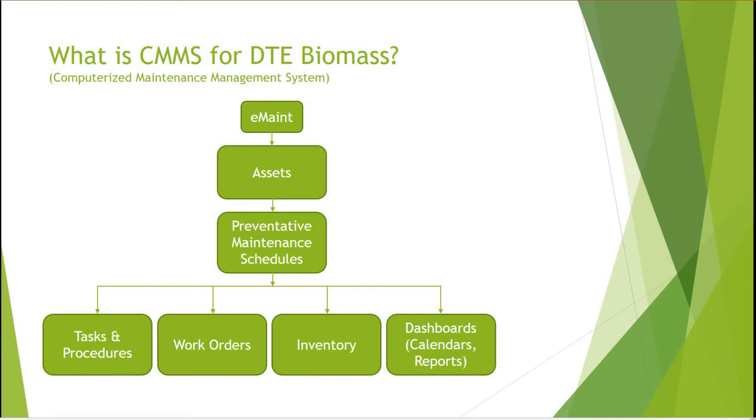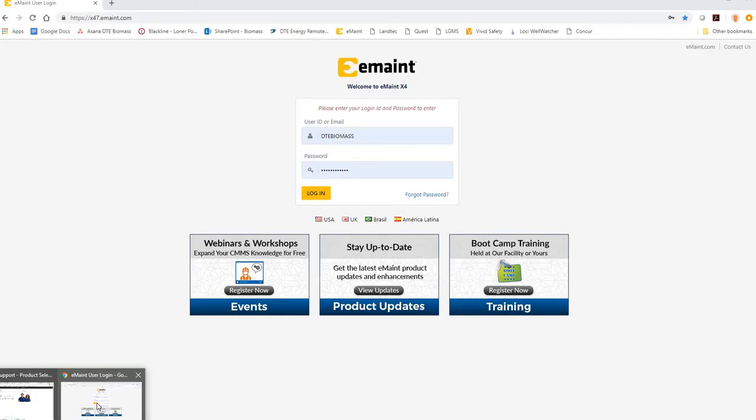Let's move on to logging into eMaint. So when you click on the link that I will provide, or just enter this URL up here, https://x47.emaint.com, you'll come into this login screen, and depending on your site or which account you'll be using, you'll put that user ID up here, and your password that I will designate for you here.